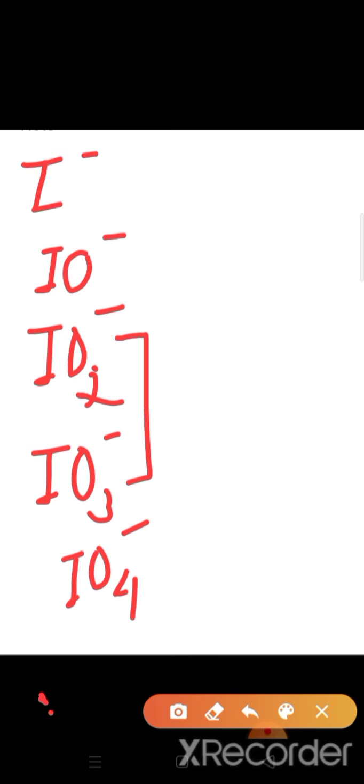Now we are going to produce some formulas by using these names and anions, for example sodium chlorate.